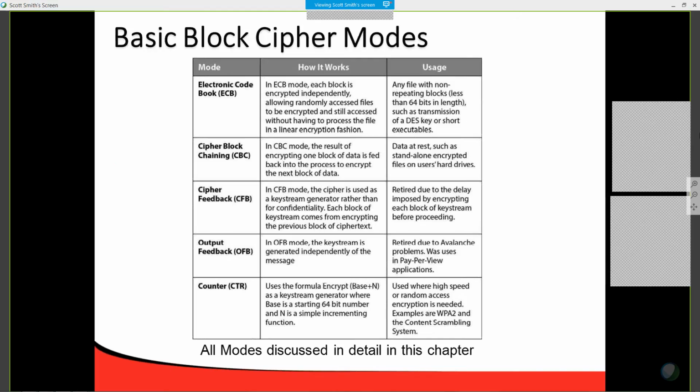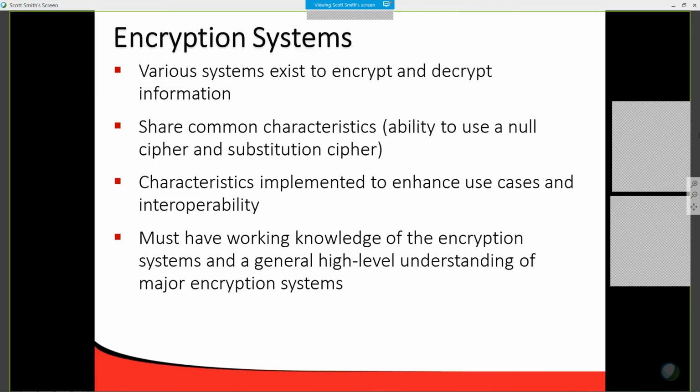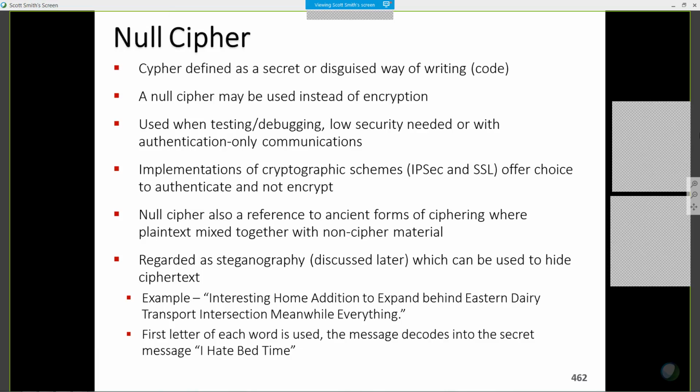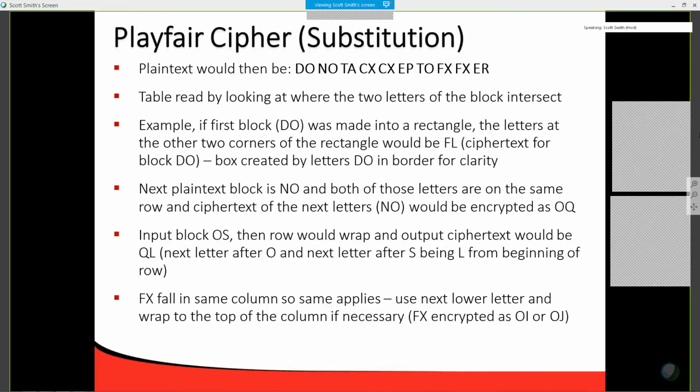There's some pretty diagrams I did in here too, so this will give you an idea of how these cryptographic functions work. Substitution ciphers, transposition ciphers, rail fence.